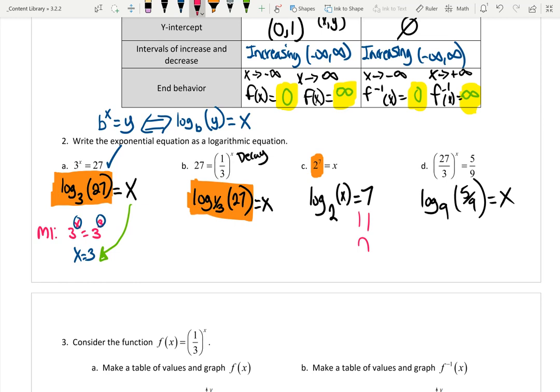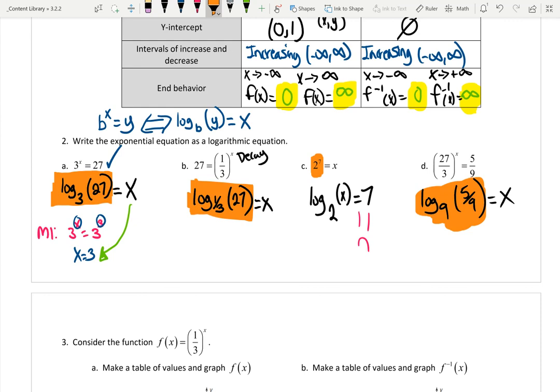Now I look at this next one, and again, I just want you to notice how on the left side, b and y are both there. That means I can just evaluate that left side and get a value. I hope this brought a little more introspection on why we convert between forms. Essentially, this is a stopgap in order to solve equations that have x as an exponent.